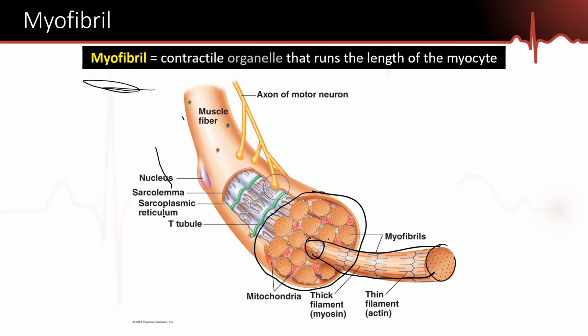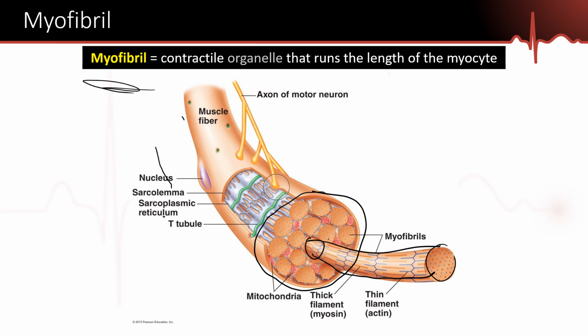Most other cells in the human body don't have myofibrils, these cylinder-shaped structures, and those myofibrils definitely don't take up like 80 to 90% of the cytoplasm, right? The space inside of the cell that doesn't include the nucleus.